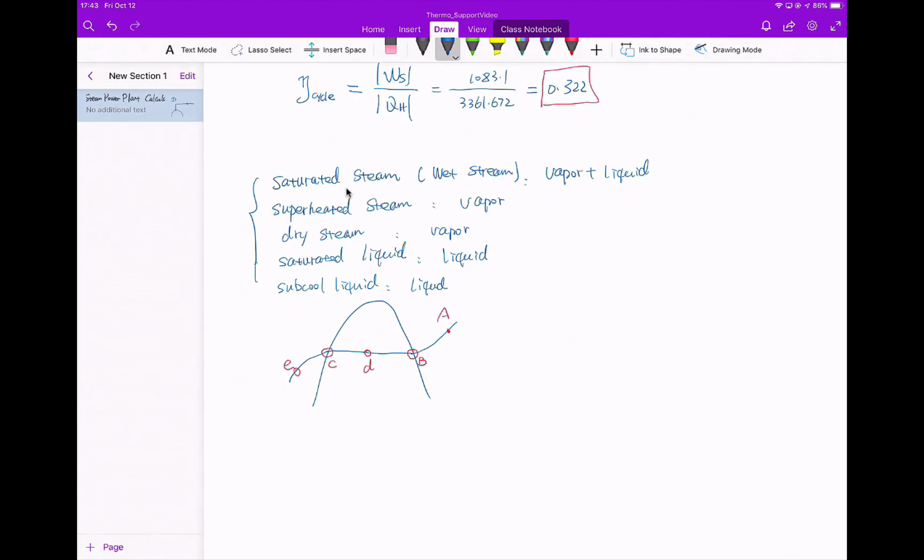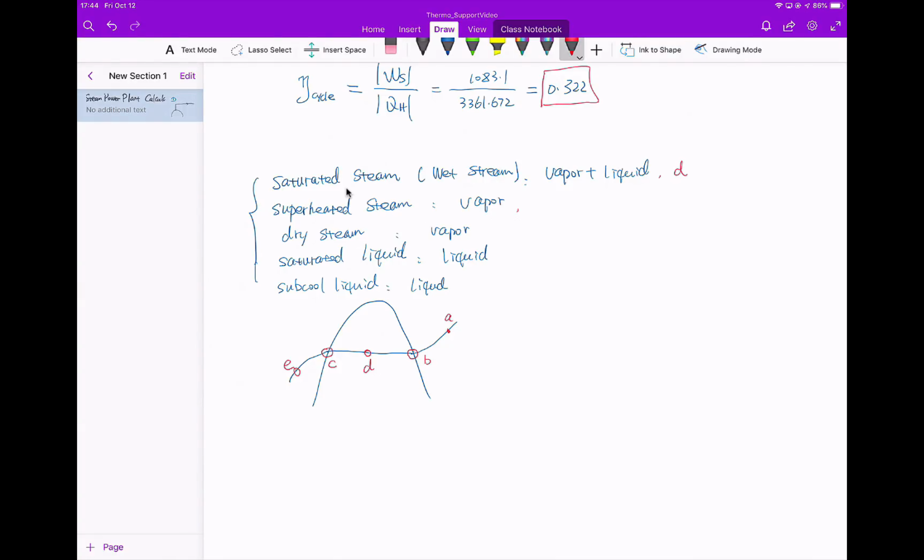So now we have this saturated is D. Okay, superheated more or less is A. Try to make it consistent.